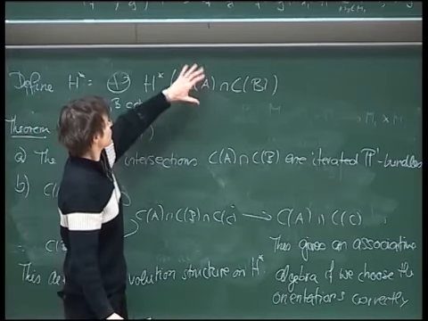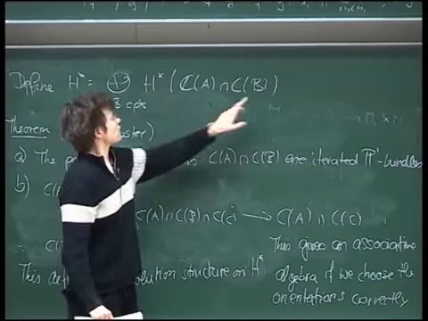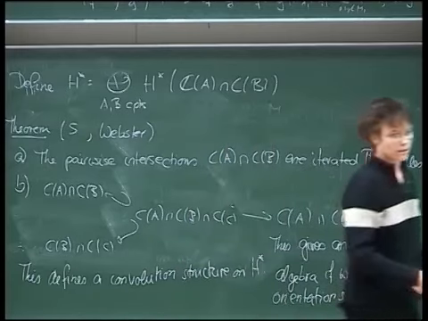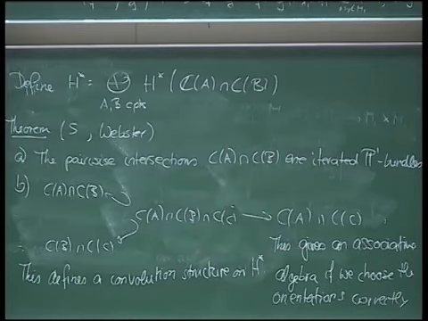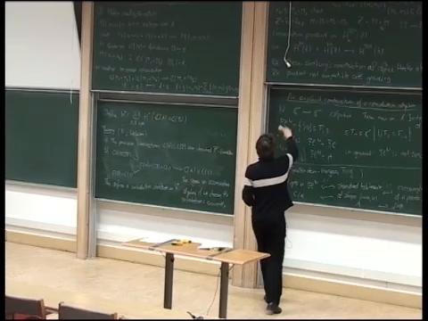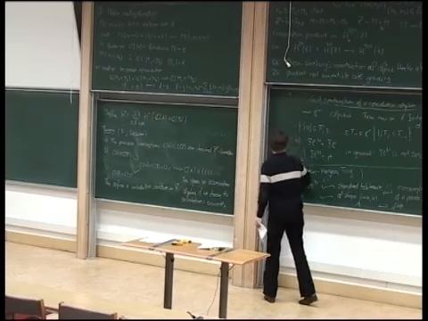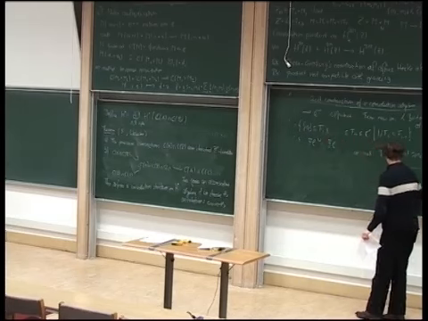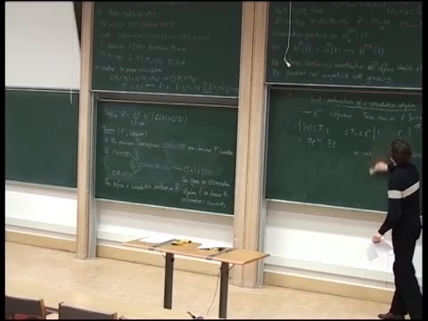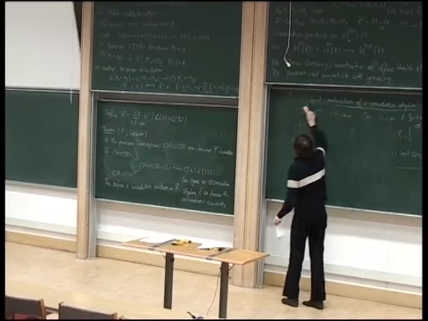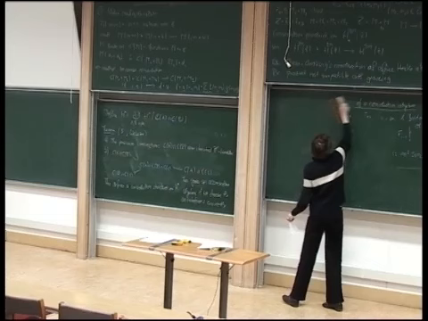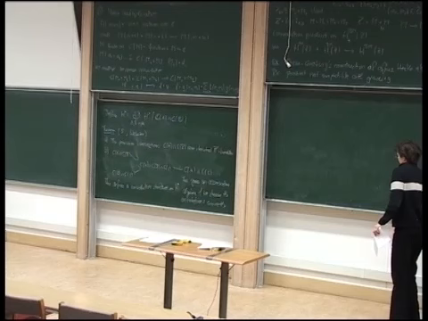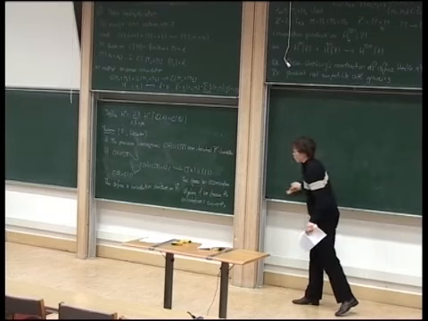In particular, we should start by understanding the cohomologies of these pairwise intersections. My idea to understand this cup product, or this convolution product, and also to describe these intersections, is to see everything embedded into our big space, which is the full flag variety.